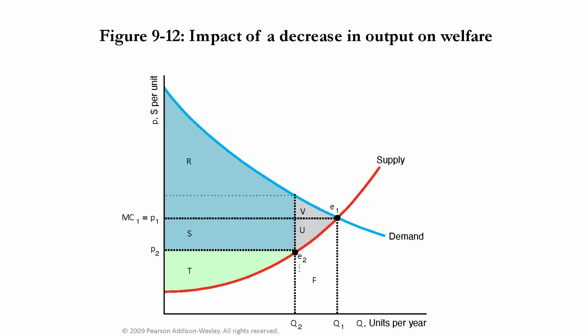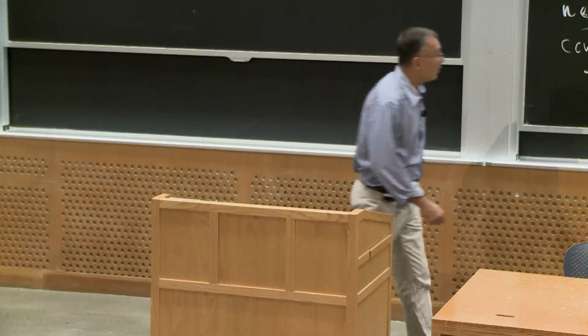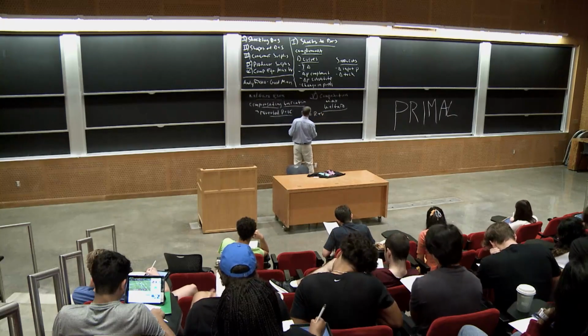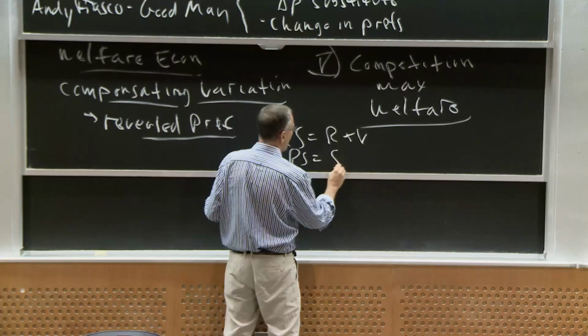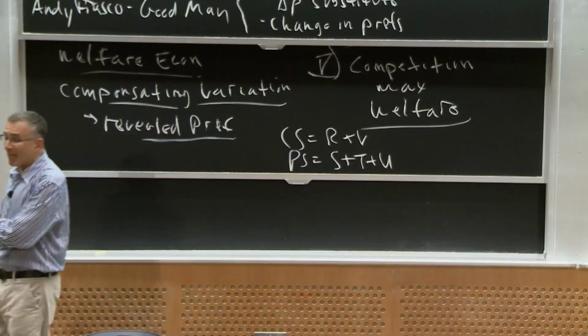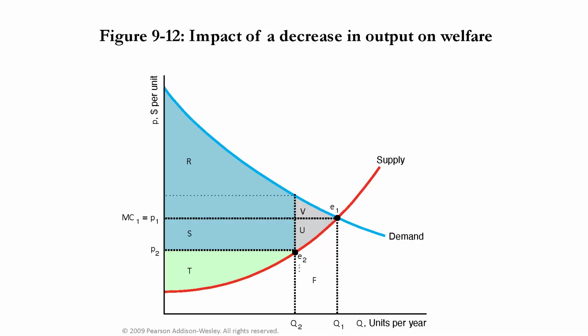So consumer surplus equals R plus V. Producer surplus equals S plus T plus U. Okay? You can see that the sum of those two is maximized at point E1.